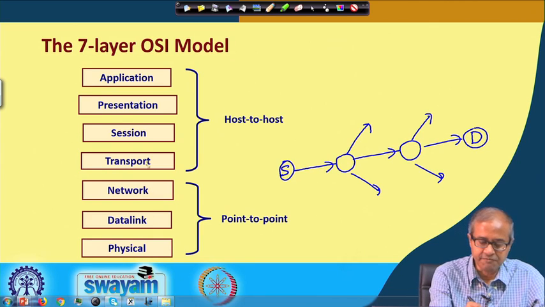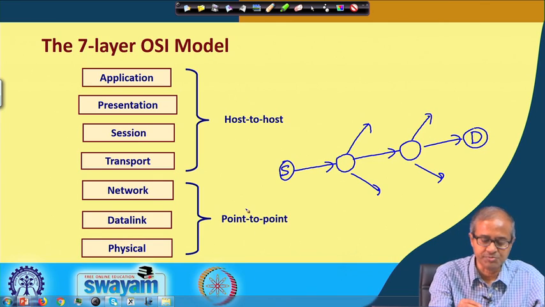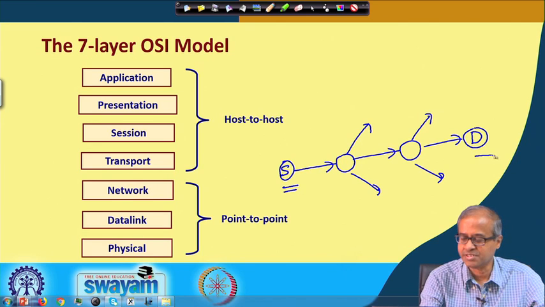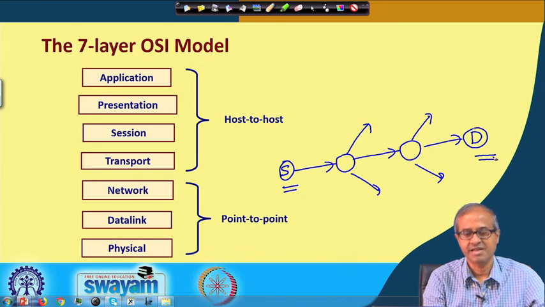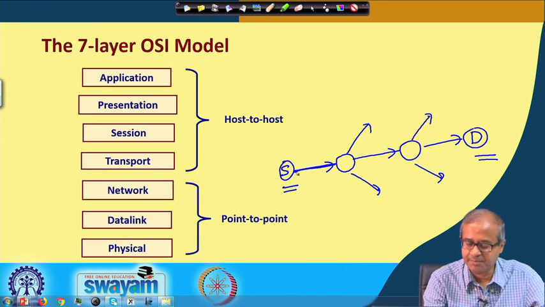Now, some of these layers are called host to host, and some of the layers are designated as point to point. Host to host means the upper 4 layers will exist only in the source and the final destination. They will not exist in the intermediate nodes. Point to point means 2 nodes which are directly connected by a link.